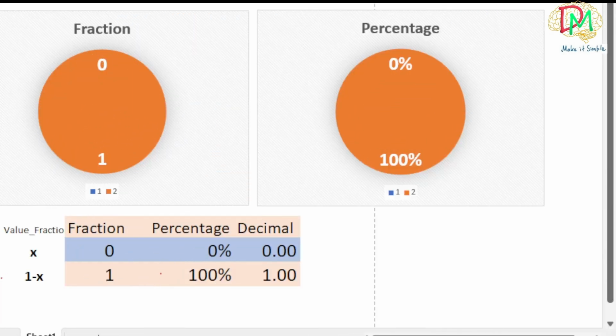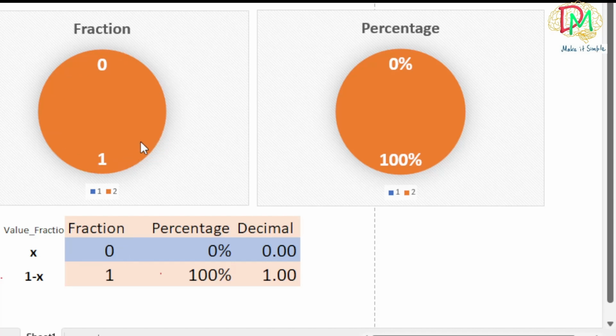Now we learn how to draw the pie chart with the fraction and the percentage value, how it looks like. Let's take two data, one is x and another is 1 minus x, that is the remaining value, and this is the value of the fraction. We input the first value. Here the input value is 0.